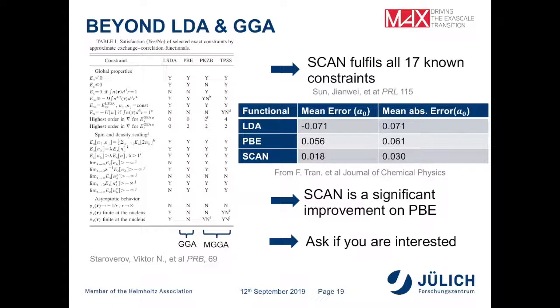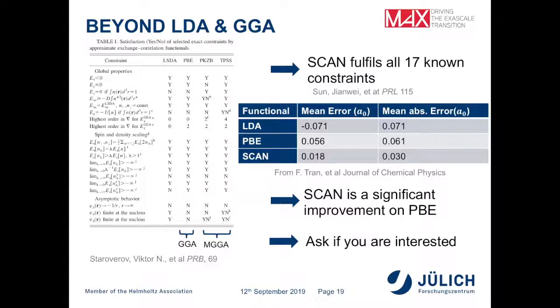So when the PBE is a factor of 2 better than the LDA, SCAN is also roughly a factor of 2 better than PBE, at almost the same cost. And we have SCAN in FLEUR, and it's implemented through this libxc interface. And if you're interested in using this, feel free to contact us.